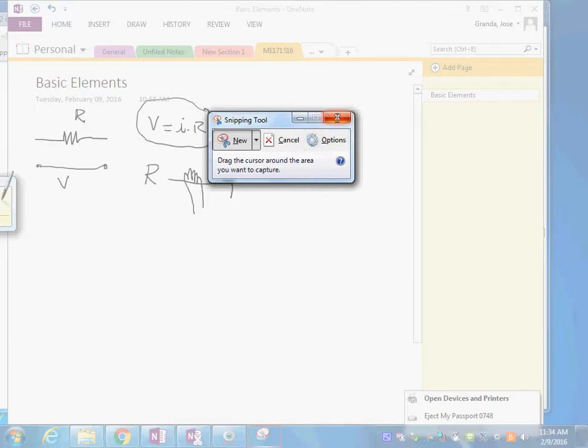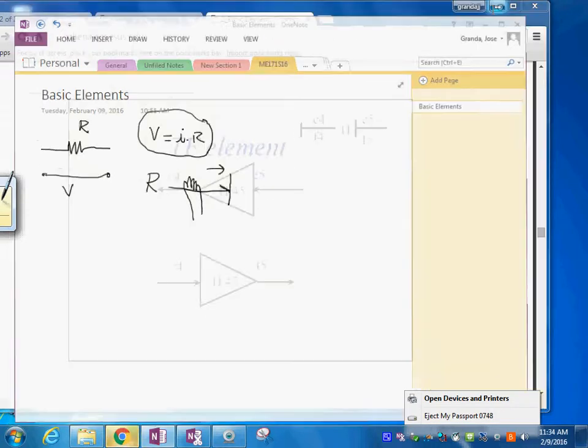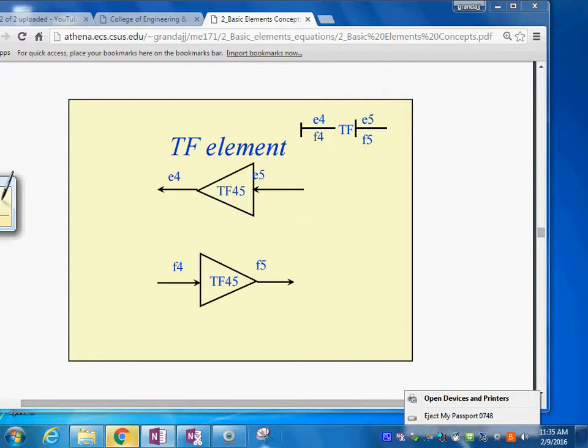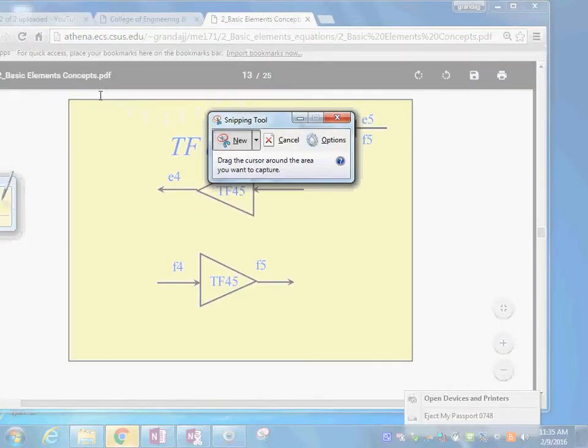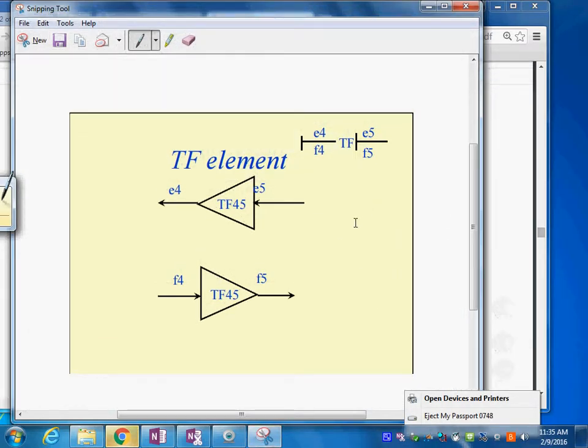You can only have those two. You can never have something like this. That's not possible. Another element has that, which is the gyrator. Any questions about this one? No? Okay, let's go on.